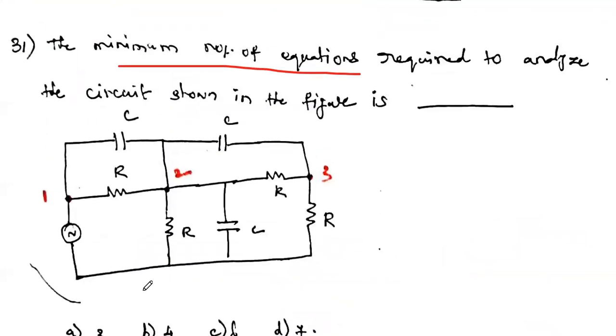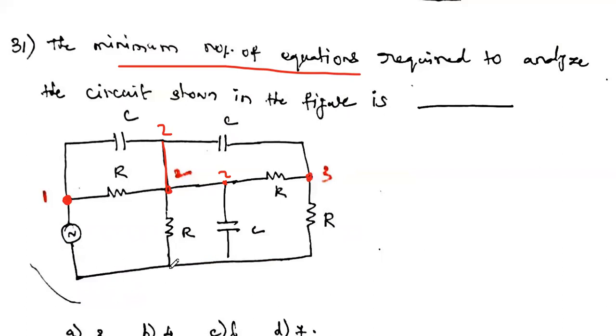First we have to identify how many nodes are available in our given circuit. This is node 1. Similarly, this is node 2. These three points are connected at one point, so this is node 2, and this is the third node.